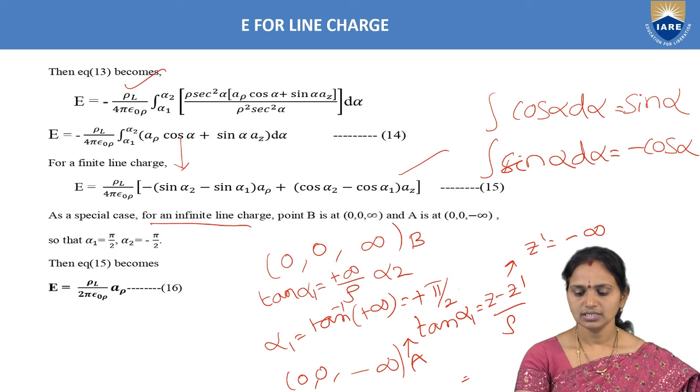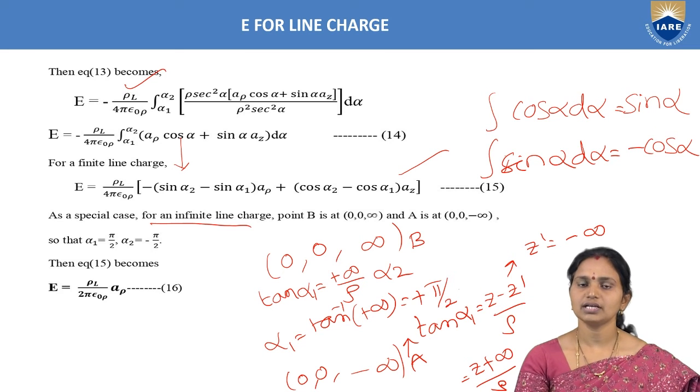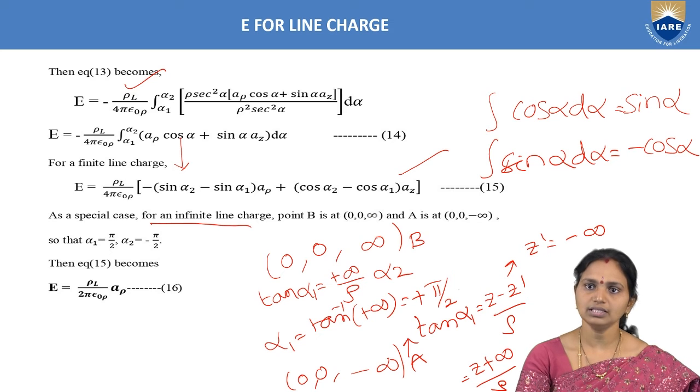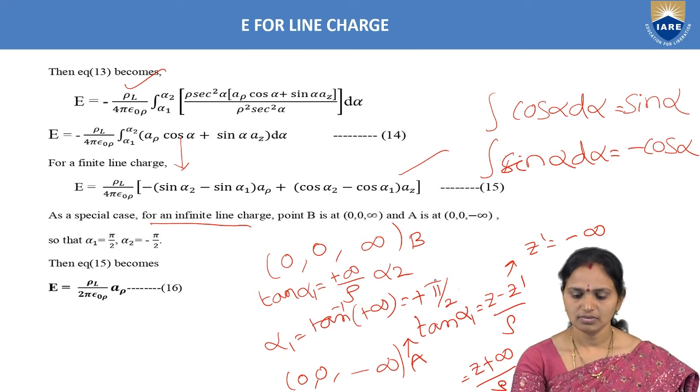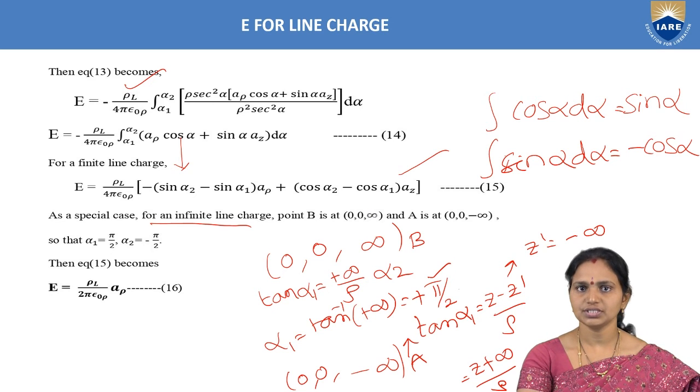Then it is z minus of minus infinite, plus infinite, divided by rho. So z plus infinite is infinite, infinite divided by rho is infinite again. Then alpha 1 equals tan inverse of infinite, which is pi by 2. So the angle corresponding to point A, alpha 1, equals pi by 2.